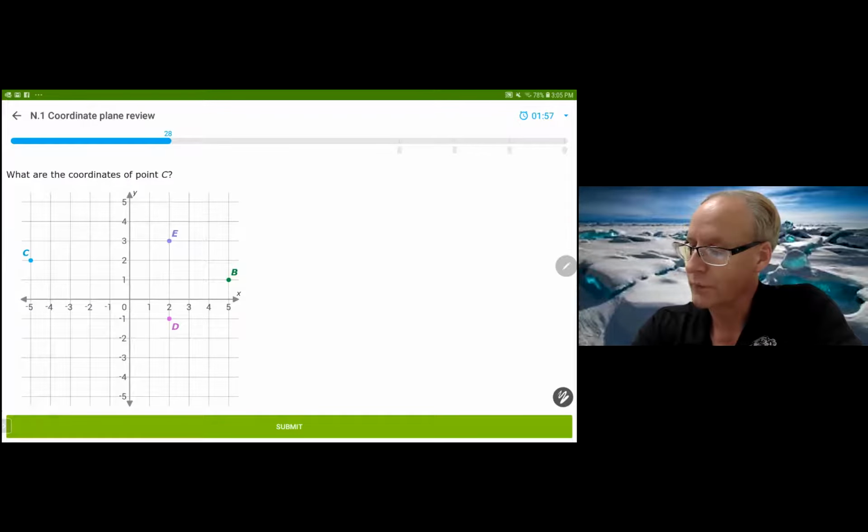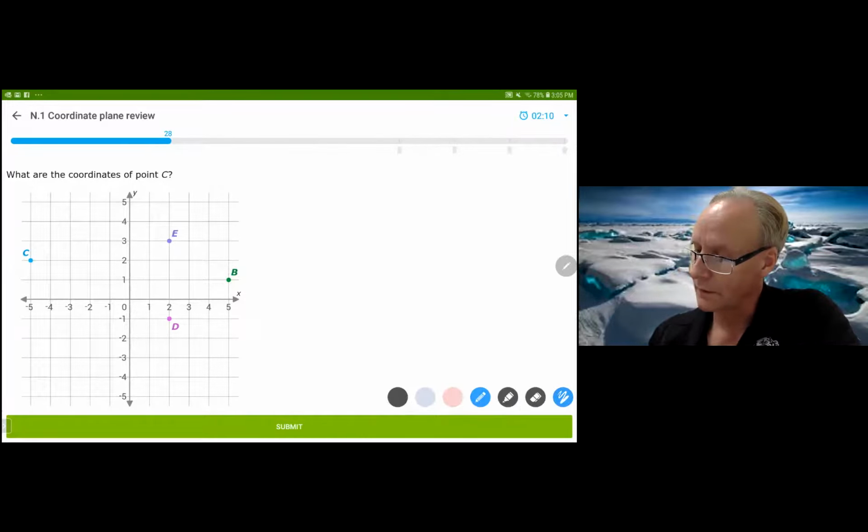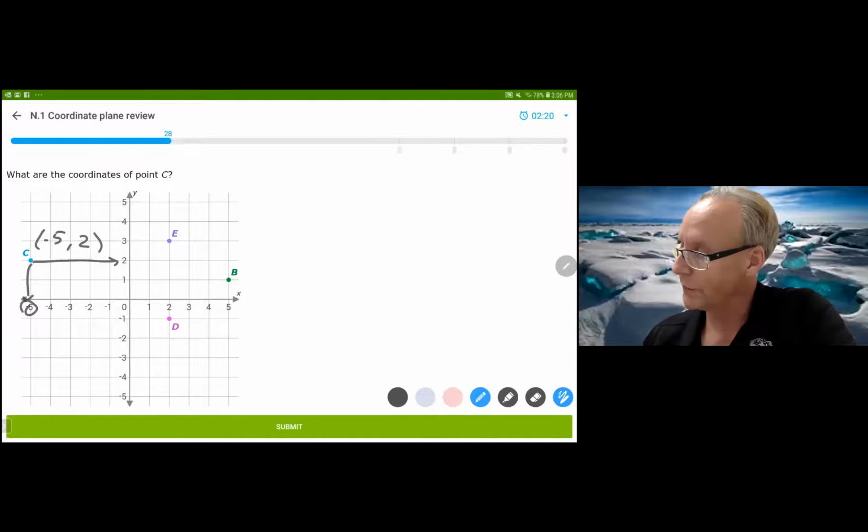What are the coordinates of point C? Well, we're going to go to the x-axis first, and point C is lined up with the -5, +2. So -5 for x, there it is, and +2 for the y. That's a -5, +2.